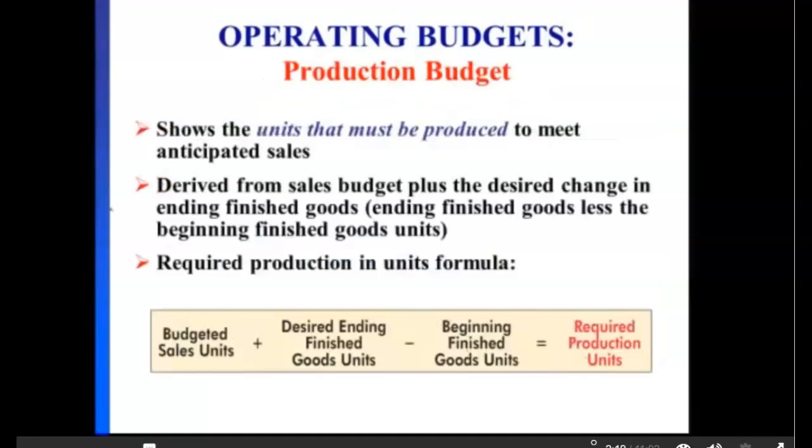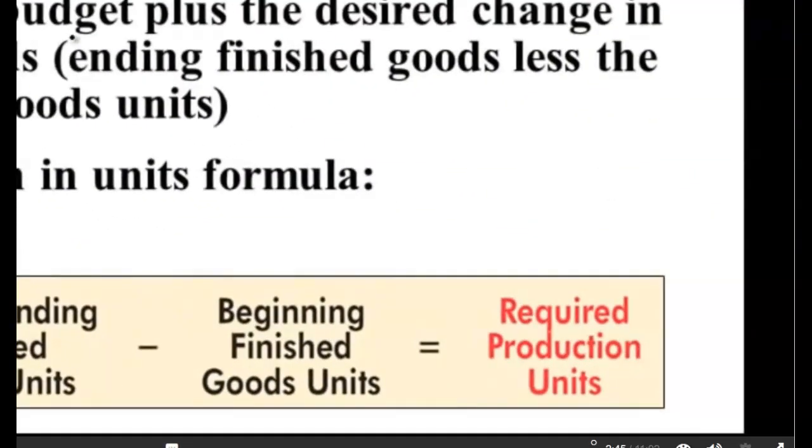Okay, now from there, the production budget. The production manager has to produce to meet the anticipated sales. But there's something in addition here. Not only does the production manager have to produce to meet the anticipated sales each quarter, but there will be a policy that management has put in place. Management would say that they want ending finished goods to be a certain percentage of next quarter's sales.